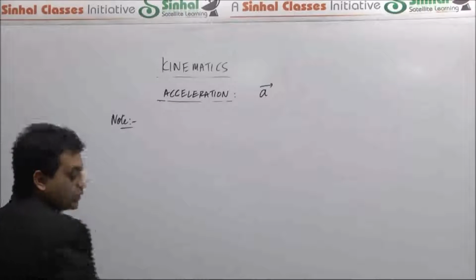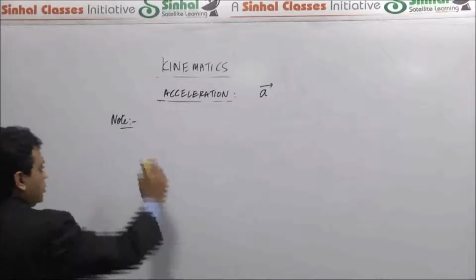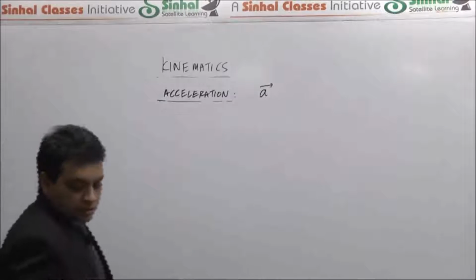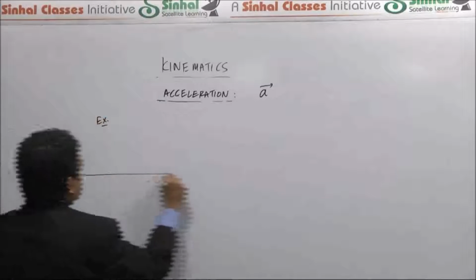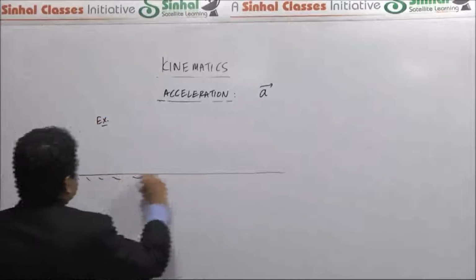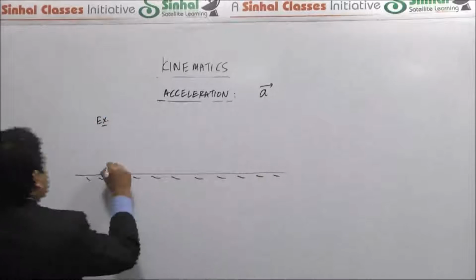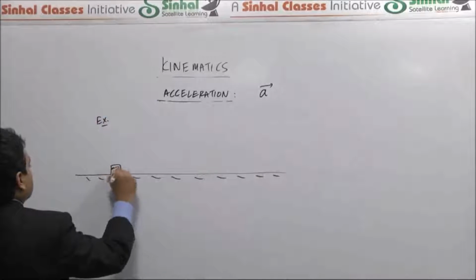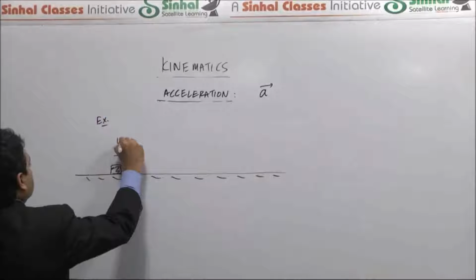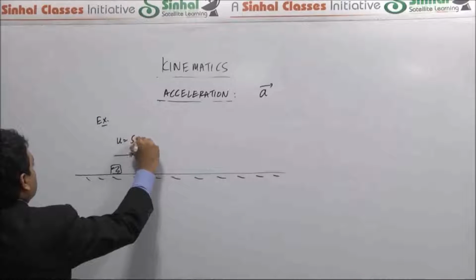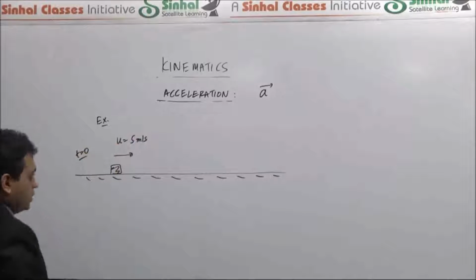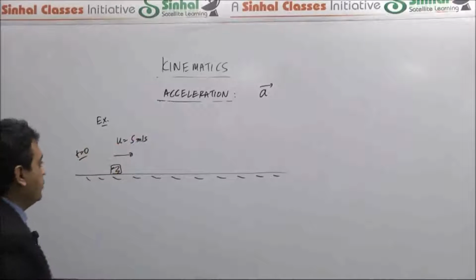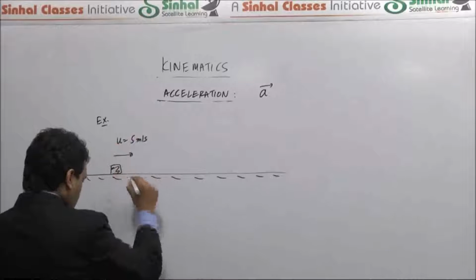Alright, so let's look at an example to get this a little bit more clear. There's a body which has a speed of 5 meters per second along a particular straight line.